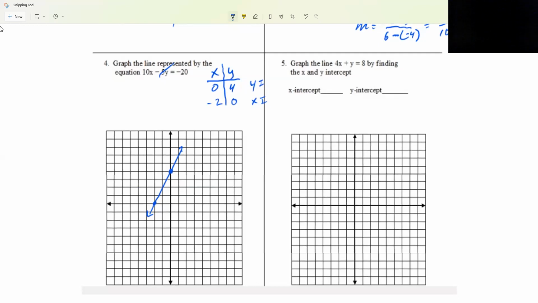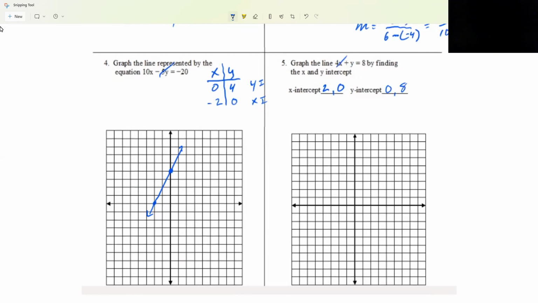All right. Graph the line by finding the x and the y-intercept. It's the same thing. You just plug zeros in. Okay. So for the x-intercept, y is 0. So plug in 0. It goes away. Divide both sides by 4. You get 2. Okay. Same thing here. You plug 0 in for x. It goes away.